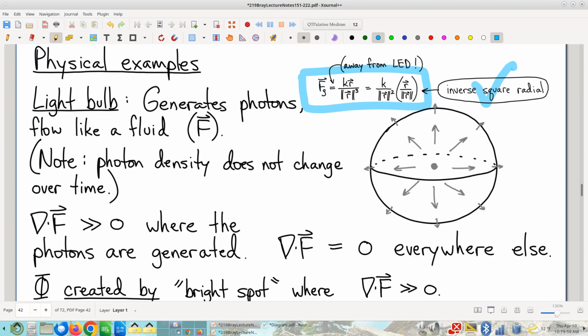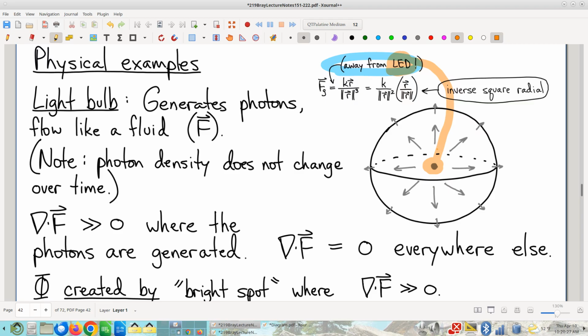Real quick little reminder, I do have to say this is what it looks like away from where the LED is. The LED at the center of the light bulb is not a point. It's not a geometric point. It'd be easier to deal with in some sense if it were a geometric point. It is teeny tiny, itty bitty, really small, sure, but it's not a geometric point.